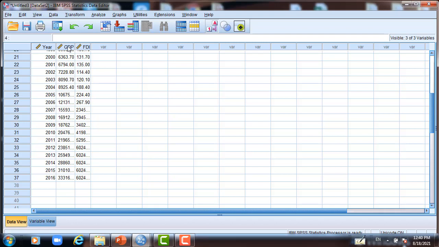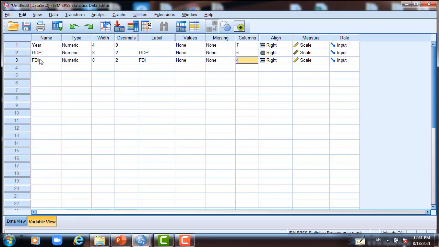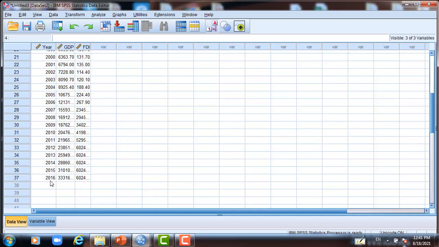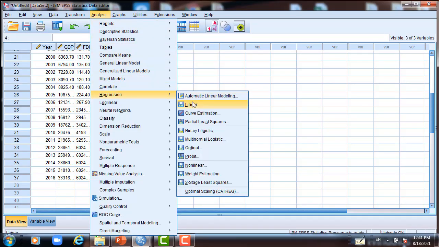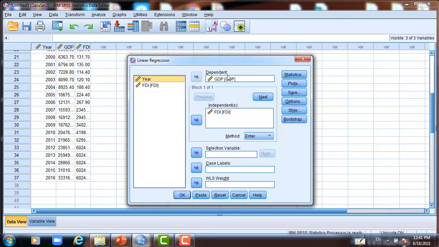So now we'll go to SPSS. As you can see here in front of you, the variables GDP and foreign direct investment, and then we run the regression. How to run the regression? I'll go to Analyze, Regression, select Linear.